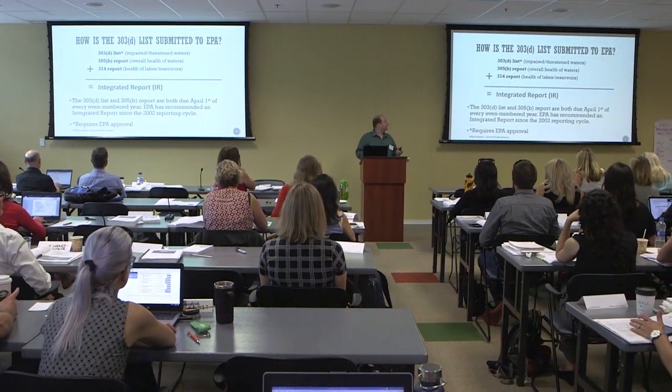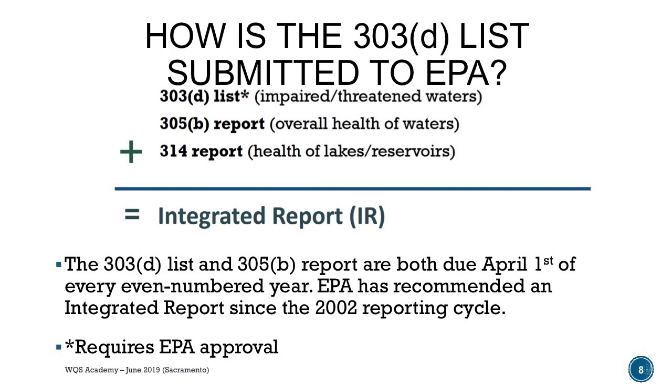So the 303D list is actually just one part of the required reports. We ask for an integrated report. Our guidance asks for it. And the integrated report has the 303D list, which EPA actually reviews and takes action on. We approve and disapprove.